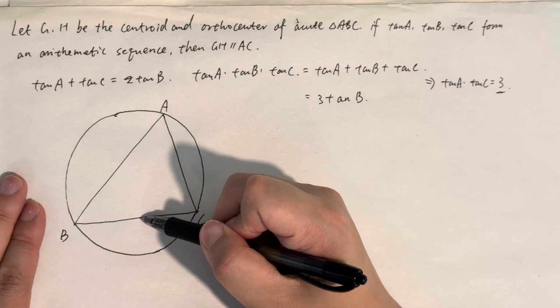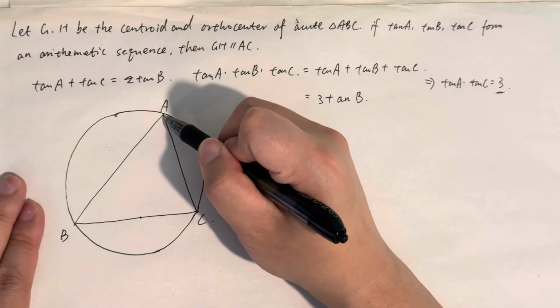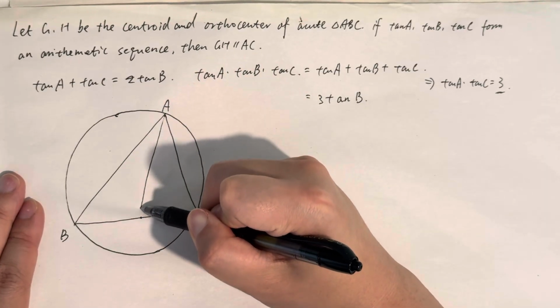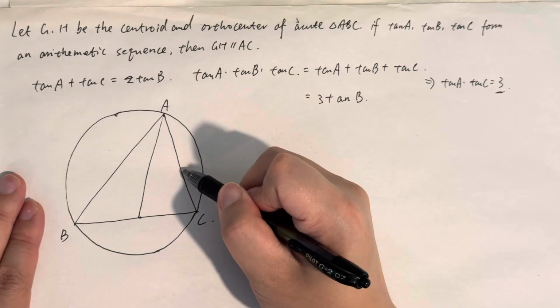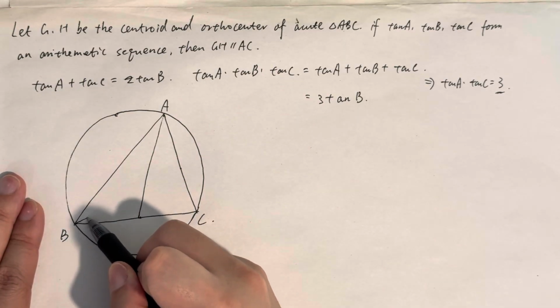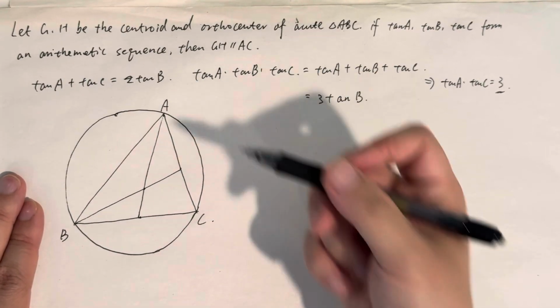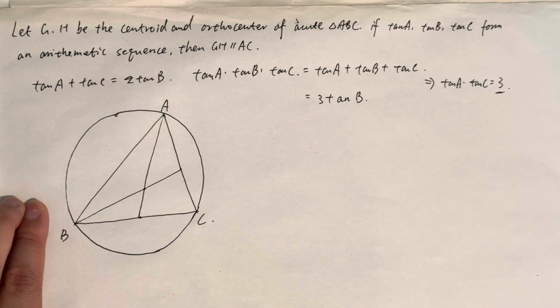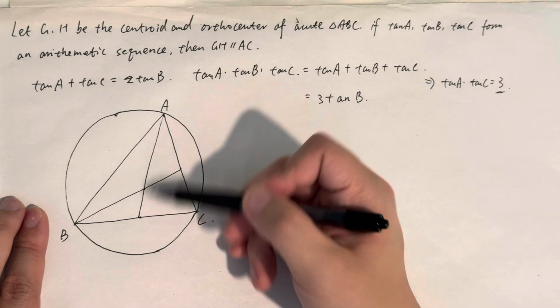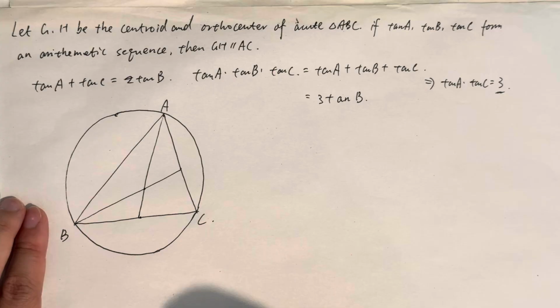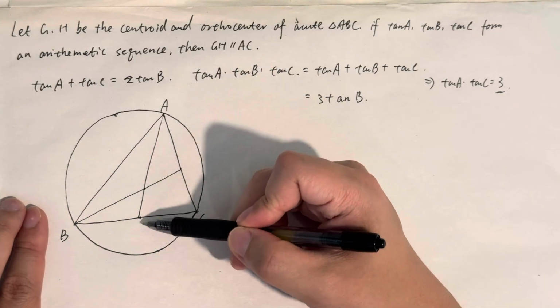And remember that for the centroid, the ratio of the distance from the centroid to the vertex, to the distance from the centroid to the opposite side along the median, is 2 to 1, right?